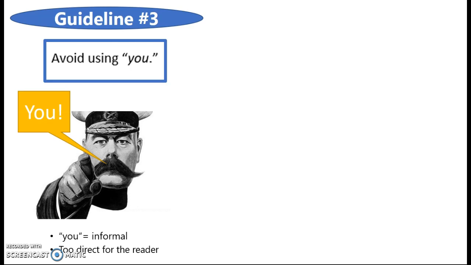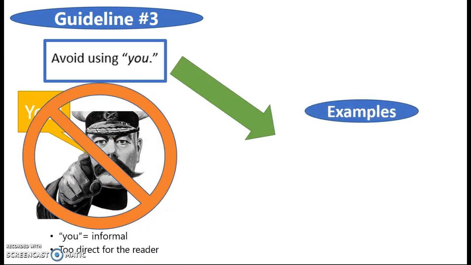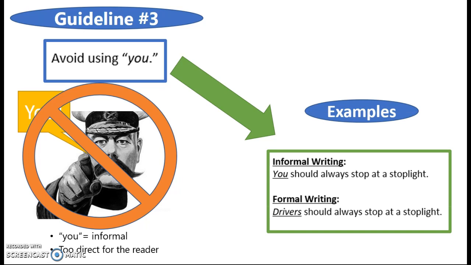So you can kind of see here what this might look like to an instructor when he or she sees you in a paper. So this is considered informal. So leave all references of you out of your formal writing. So instead of saying you should always stop at a stoplight, try to choose something else that's a little more indirect. For example, drivers should always stop at a stoplight.